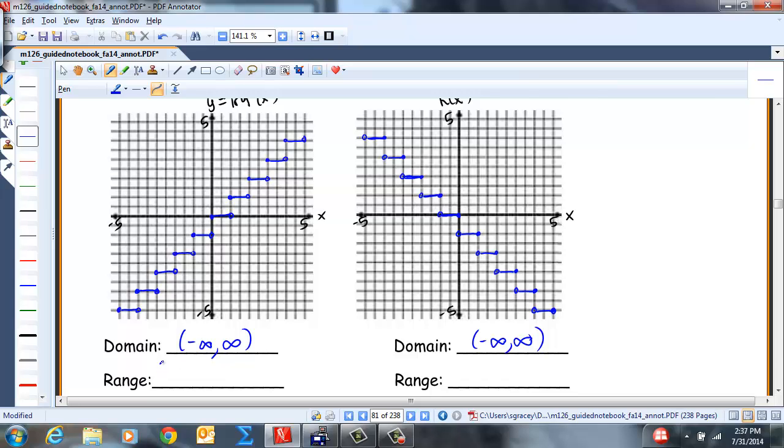So I'll just write it in set notation. You can go like dot, dot, dot, -3, -2, -1, 0, 1, 2, 3, dot, dot, dot. Basically, we want the set of integers.